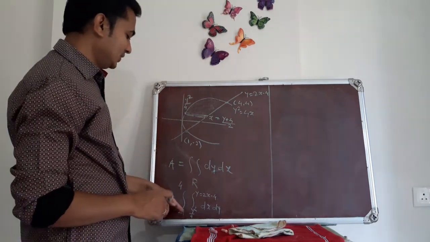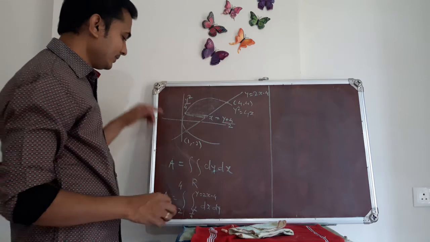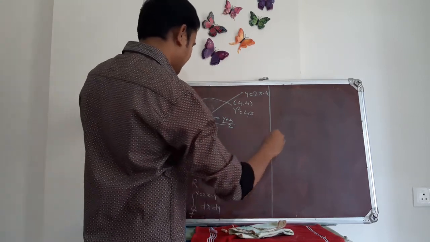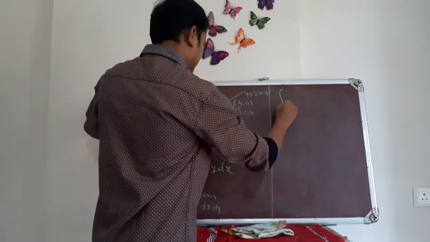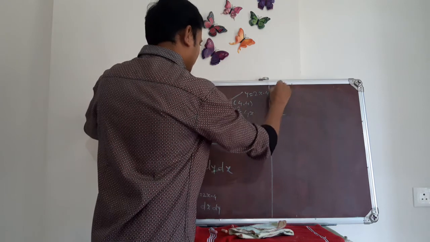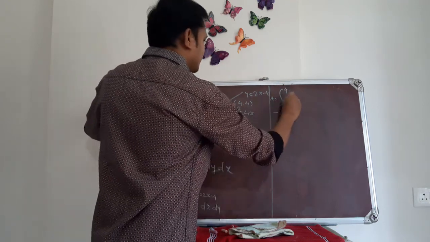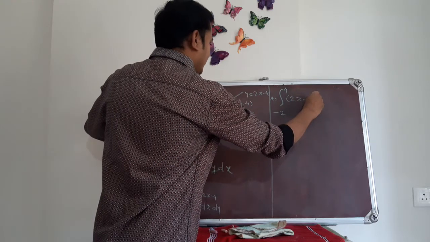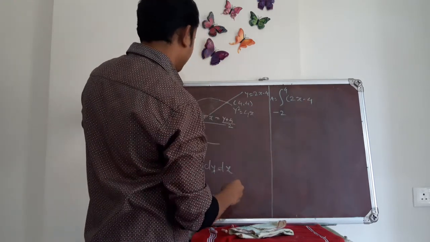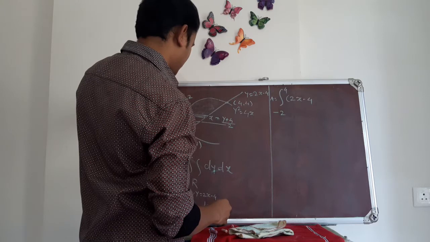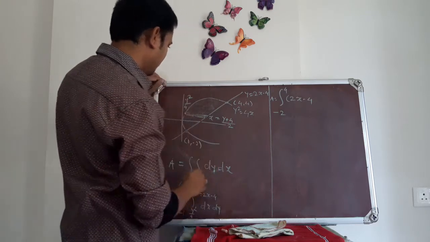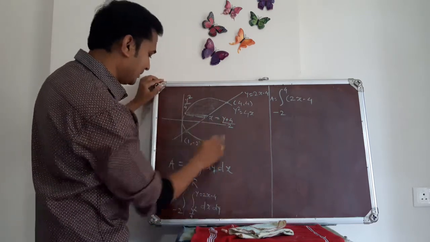All right, so integration with respect to x is, so A is equal to integral from -2 to 4 of x, no, we should write limits for x.